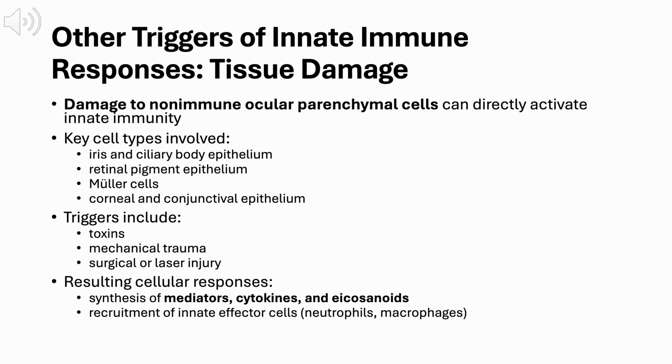Triggers include toxins, mechanical trauma, and surgical or laser injury. In response, these cells produce cytokines, eicosanoids, and other inflammatory mediators that recruit innate effector cells, particularly neutrophils and macrophages. This explains why significant ocular inflammation can occur even without infection. Damaged tissue can initiate the same core inflammatory pathways.